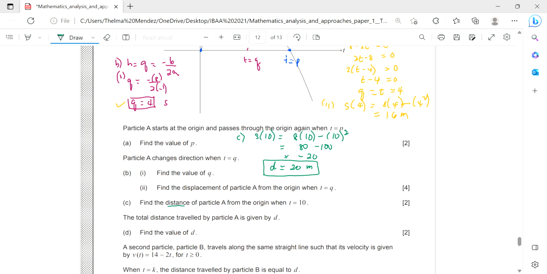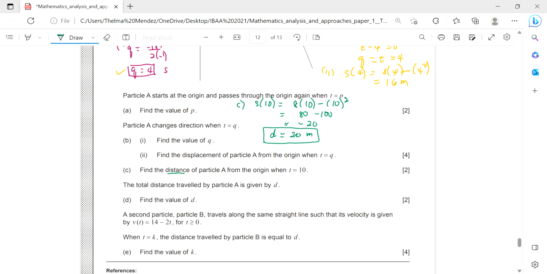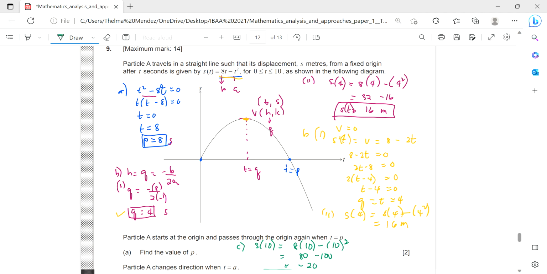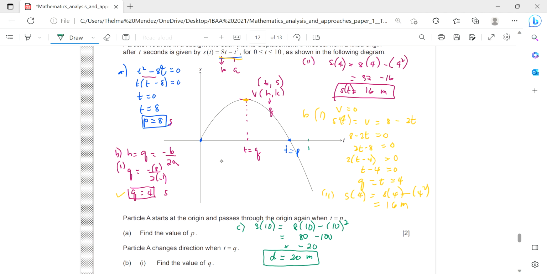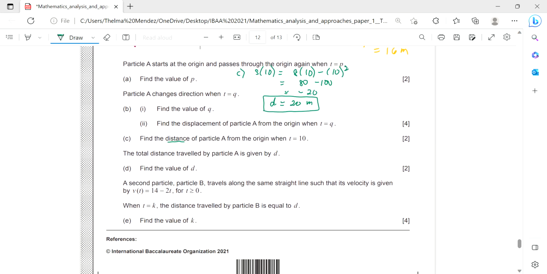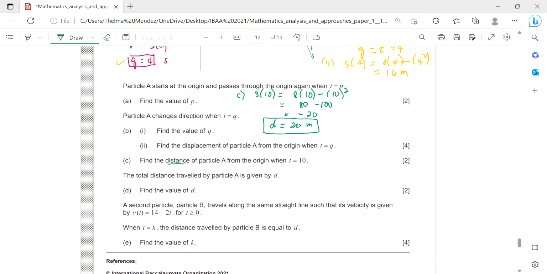Okay, so the total distance traveled by particle A is given by d. The total distance is from 0 to 10, right? So up to here. So here we have 0, here we have 4, here we have 8, here we have 10. Okay, that's the ending from 0 to 10 seconds. So we are looking for the value of d.